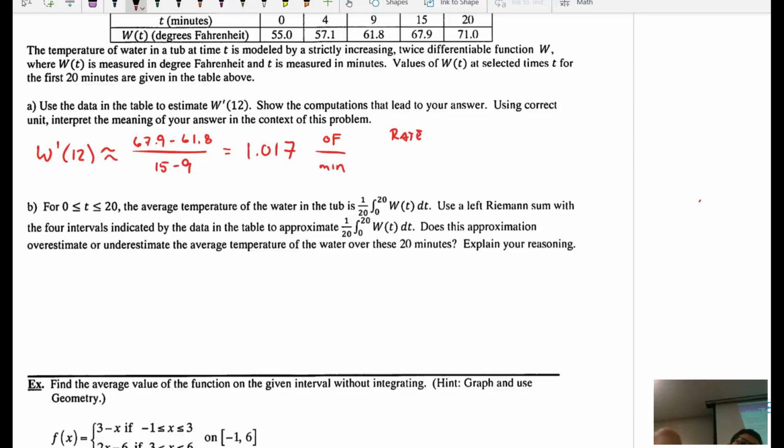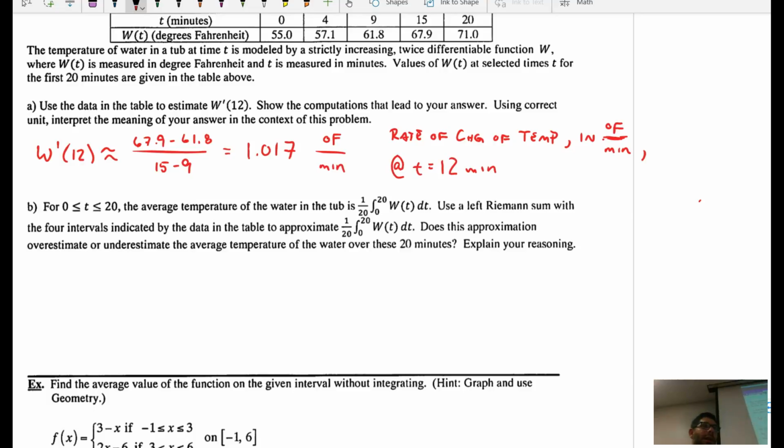Rate of change of temperature in degrees Fahrenheit per minute. Because it represents something different if it's in degrees Celsius per hour. So this is the rate of change of temperature in degrees Fahrenheit per minute. And this is at t equals 12 minutes. It's actually not the rate of change, it's the approximate rate of change, because we didn't find the exact, but we found the approximate.